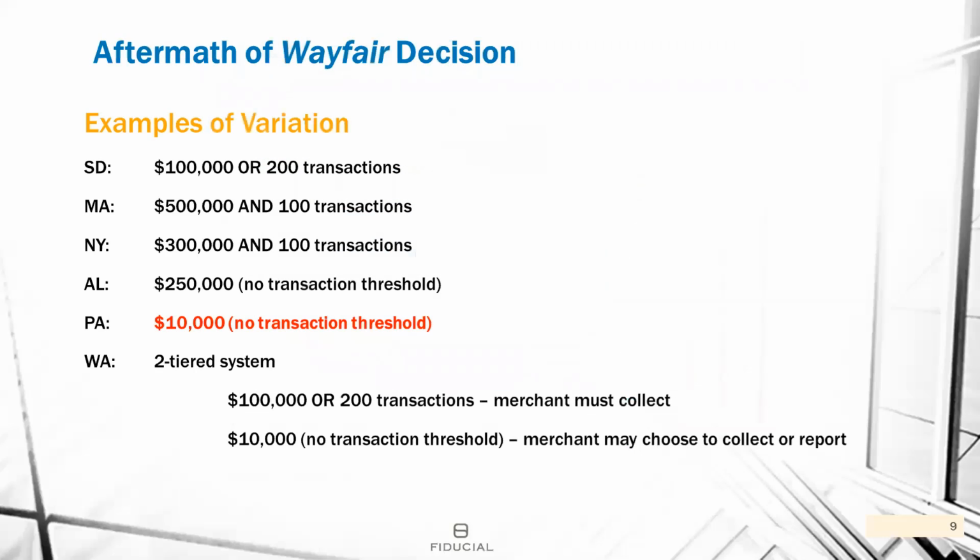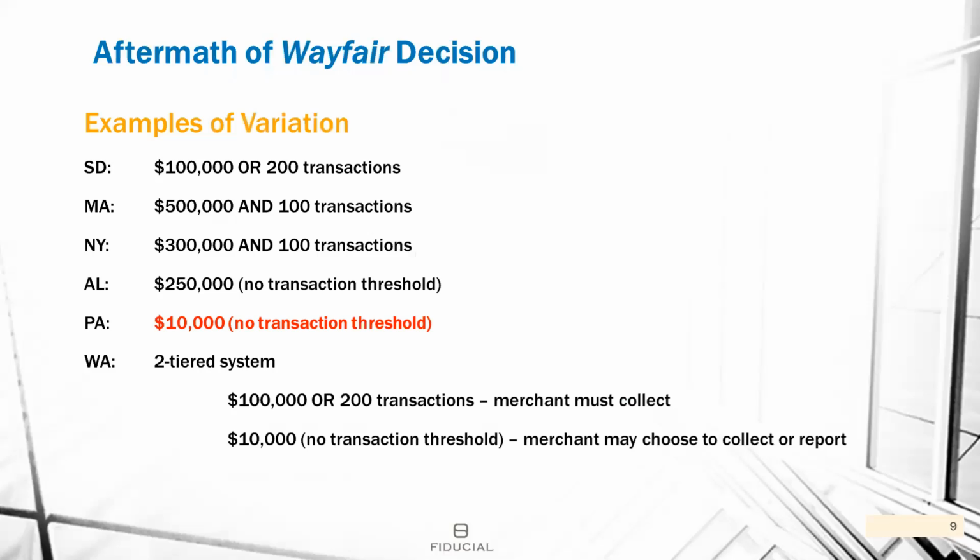So here are a few examples of the variation that I was telling you about. One thing that's important to pay attention to is the words that are used in the law. So for example, South Dakota said, okay, our threshold is going to be $100,000 or 200 transactions.